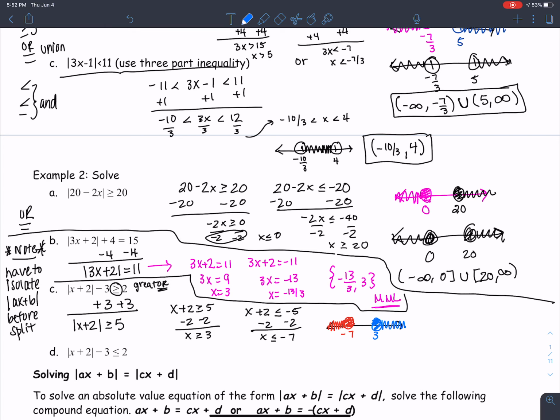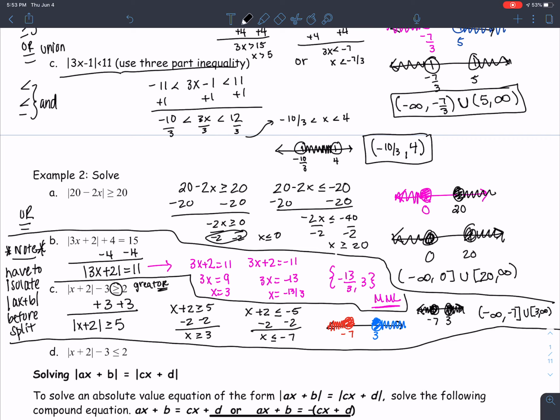So if I'm going to take it all, my final graph just looks like this. Then my interval notation: negative infinity to negative 7, bracket, union, bracket, 3 to infinity. Remember, at infinities, we keep parentheses. Okay? All right.